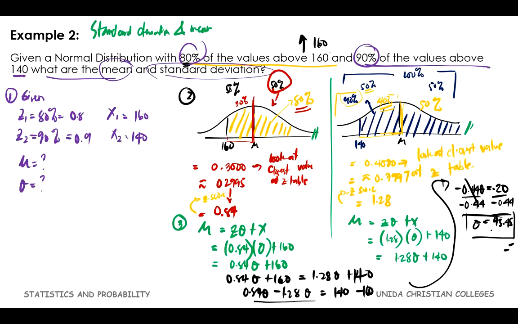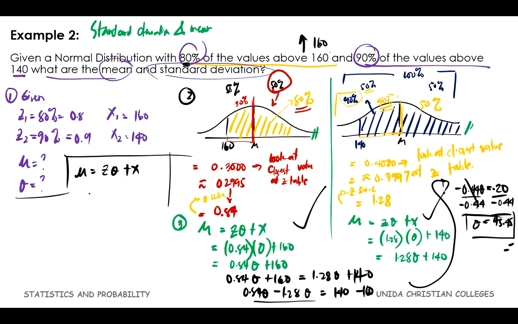Okay? So, para makuha natin si mean, ang gagawin lang natin, class, is balik pa rin tayo sa formula. It's either of the two. Sa data na to, pwedeng ito yung gamitin or pwedeng ito. Nasa inyo, class. So, ang gamitin natin itong nasa left. Okay?